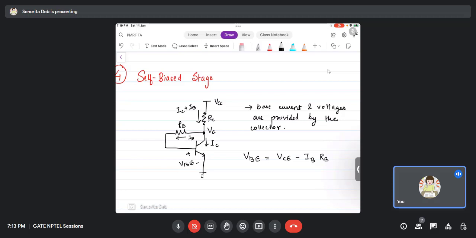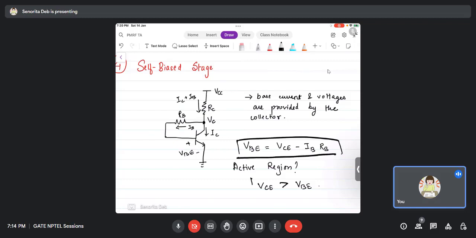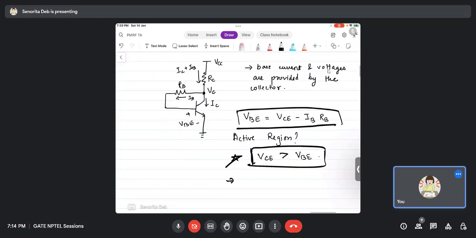And what is the condition for the active region? VCE should be greater than VBE. Now you see in this circuit, this condition is always true. Why?